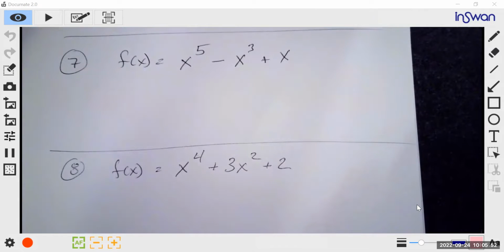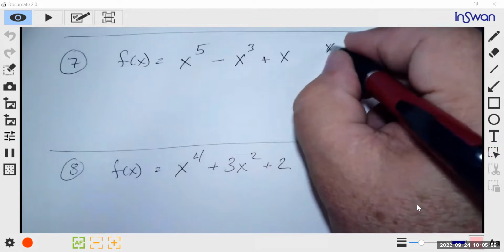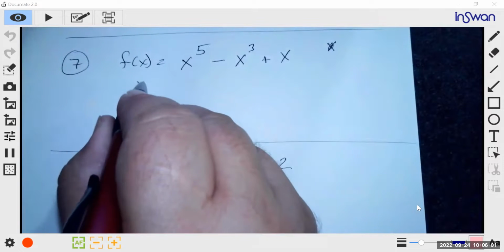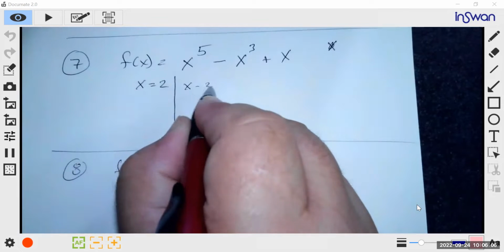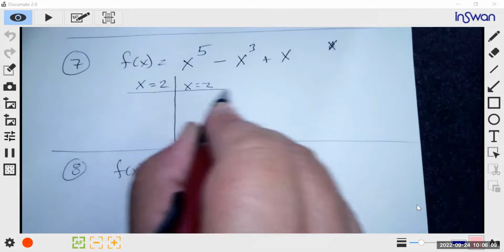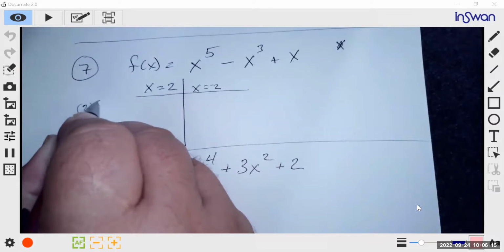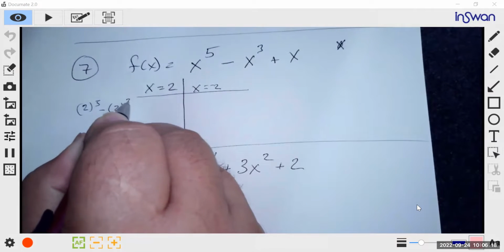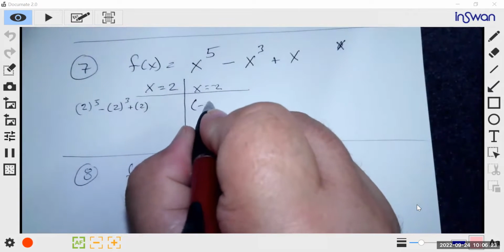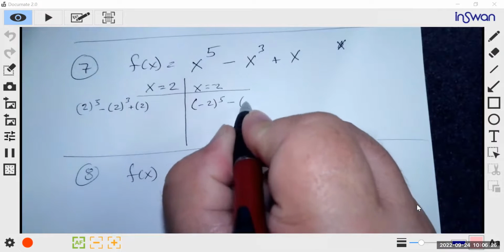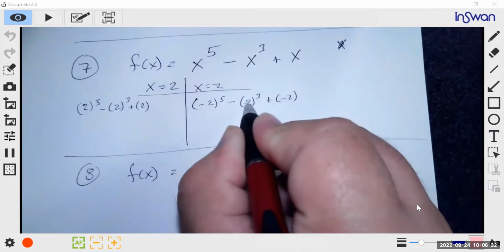X to the 4th plus 3x plus 2. So x equals 2, we have 2 to the 5th minus 2 to the 3rd plus 2. Negative 2 to the 5th minus negative 2 to the 3rd plus negative 2.